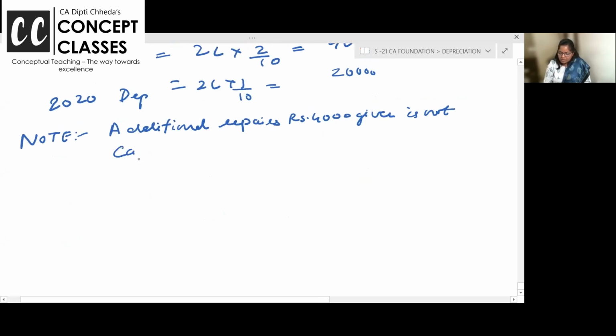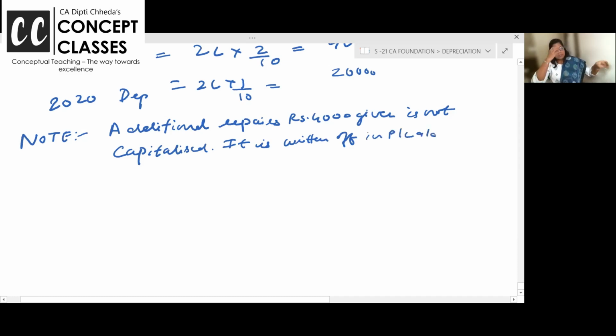It is written off in the P&L account because it is routine repairs.